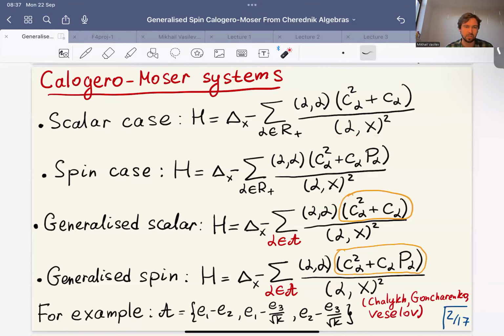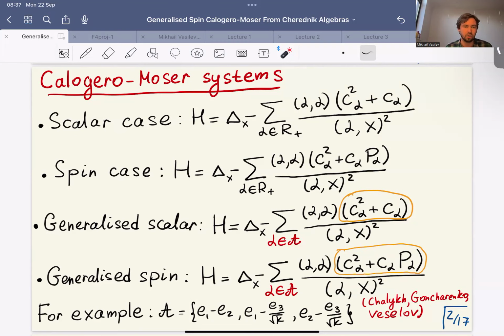But I would like to talk about another way to generalize these operators: instead of a root system, we can ask what would happen if we take just some finite collection of vectors in some vector space.